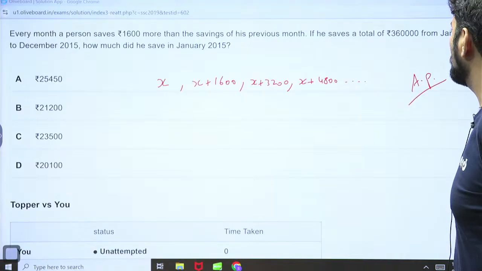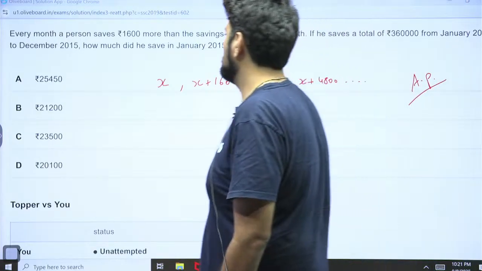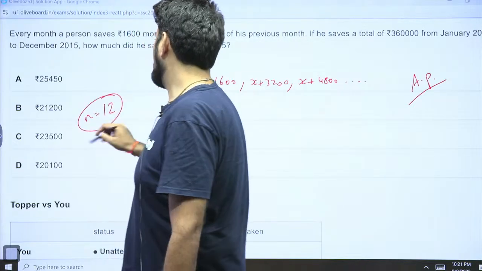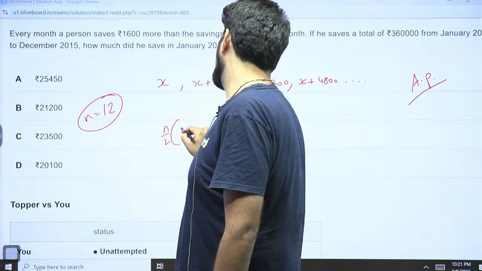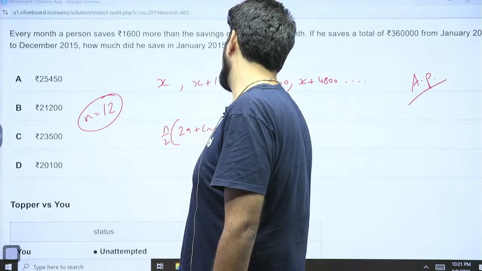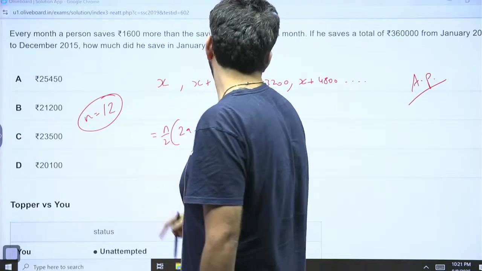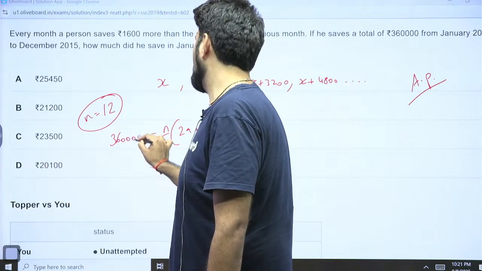If he saves a total of 3,60,000 from January 2015 to December 2015, that is 12 months. So N is equal to 12. And what is the sum of this AP? N by 2 into 2A plus N minus 1 into D. Correct? This is the sum. Sum is 3,60,000. What is N?